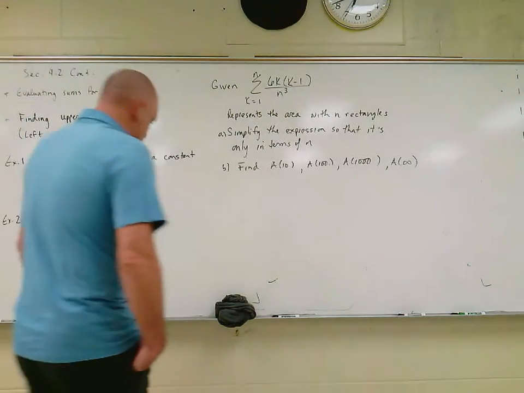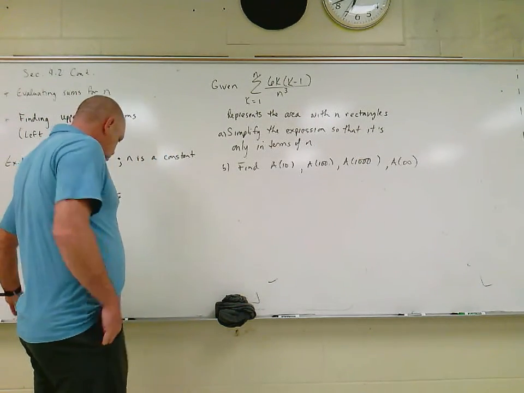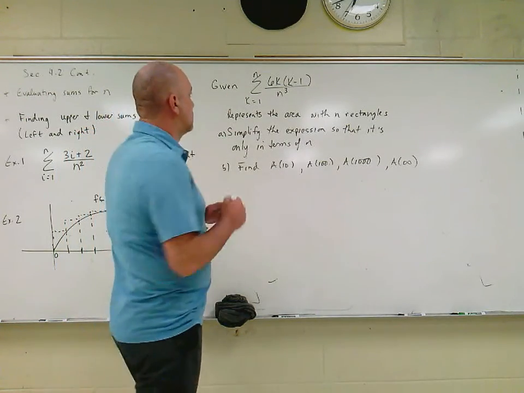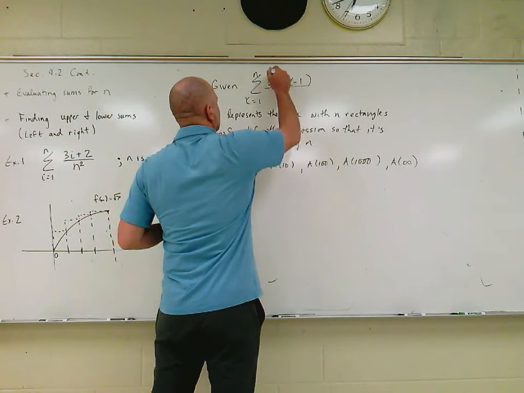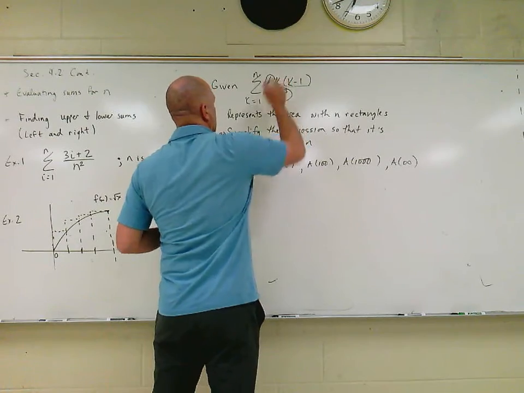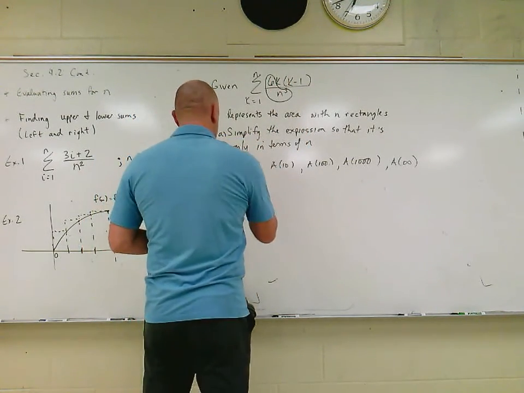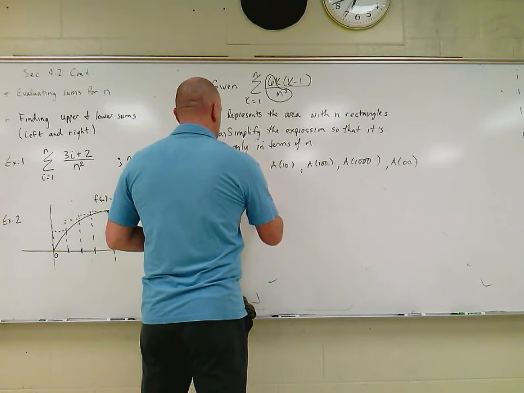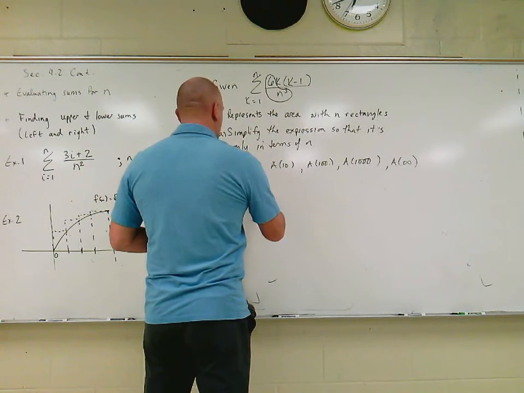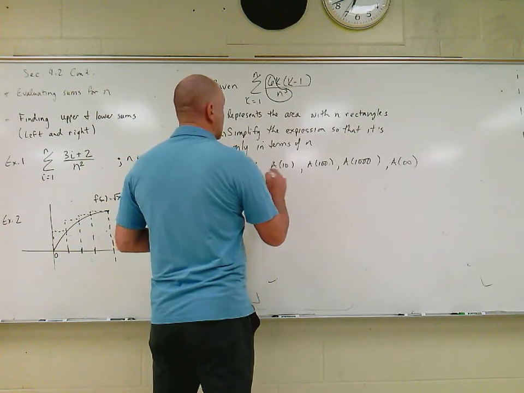All right, so I'm going to start catching up to you a little bit. So the first thing I would do is this 6 over n cubed, I would take out, okay? So I'll bring it to the front, 6 over n cubed, and then I don't want multiplication in there, I want addition or subtraction.